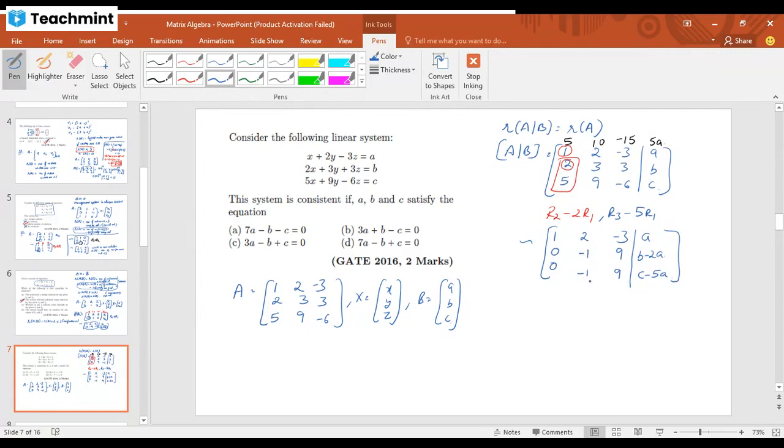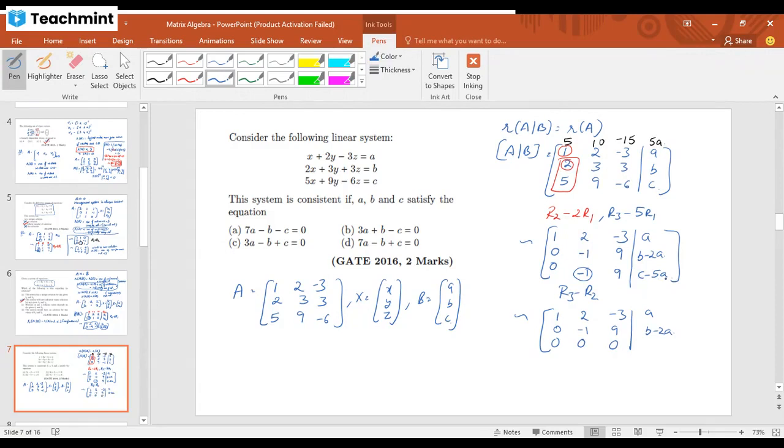Now to reduce it into row echelon form, the next step is I want to make this entry 0. Here it is minus 1, this is minus 1. So we can directly apply the operation R3 minus R2. If we apply this operation, no change in the first two rows: 1, 2, minus 3, 0, minus 1, 9, B minus 2A, and here 0, minus 1 plus 1 is 0, 9 minus 9 is 0.